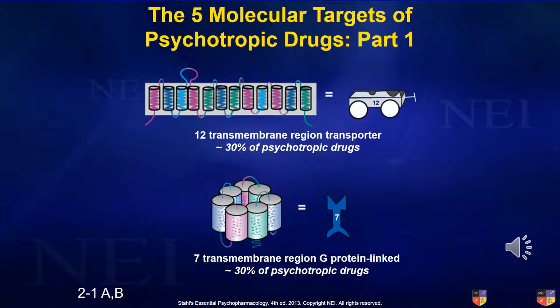Then another way that many of our medications work is through the 7-transmembrane region of the G protein linked molecules, and those are over 30% of our psychotropic drugs. These are the metabotropic, the slower acting.